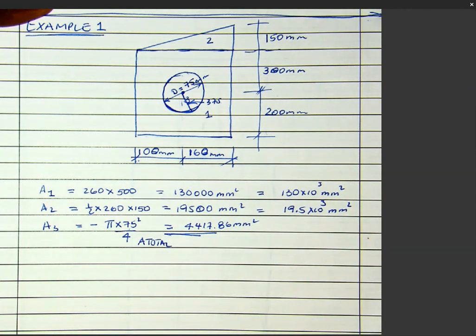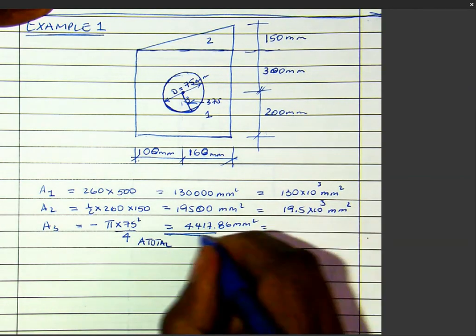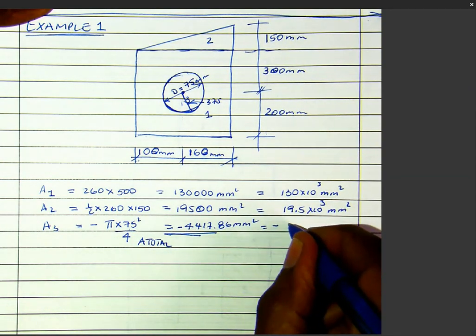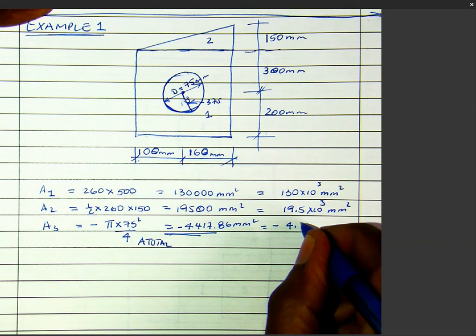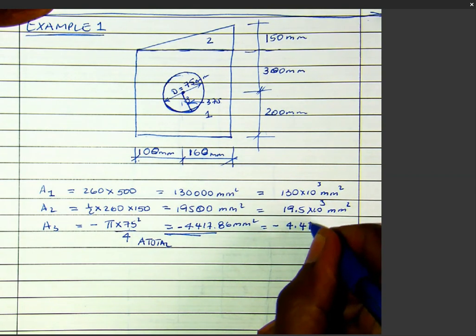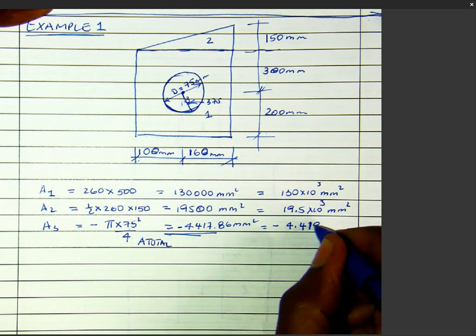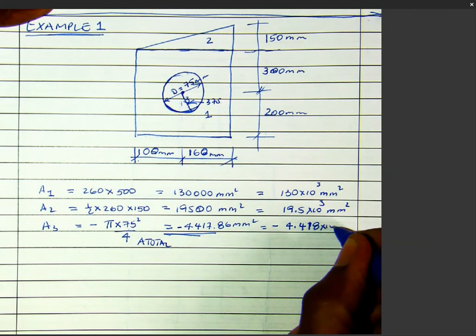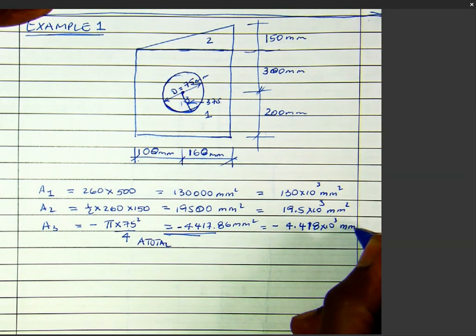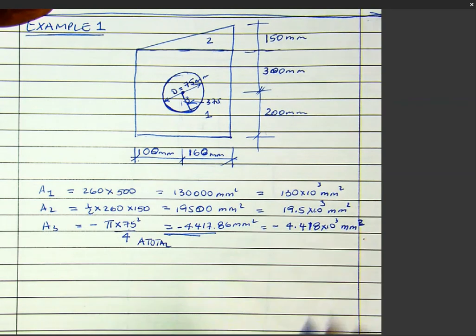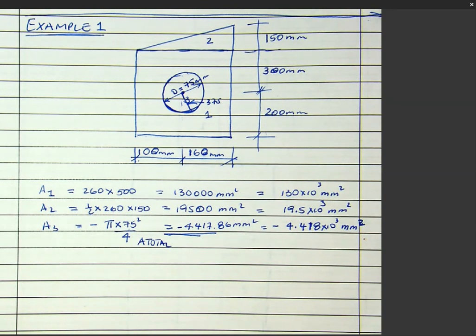If you convert it, remember it's negative, 4,418 times 10 to the power 3 millimeter squared. Remember, a difference of 0 point something is not going to make any difference.